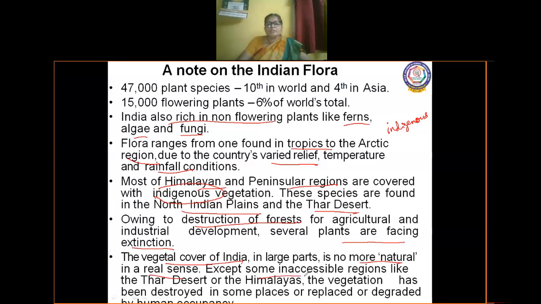Now, except some inaccessible regions, the Thar Desert or Himalayas, the vegetation is desert. So only in the Himalayan region and Thar desert, where man cannot go easily, the vegetation has grown in a safe manner. But other areas are being influenced by man's intervention, like traders or the British during their rule, influencing the growth of natural vegetation.